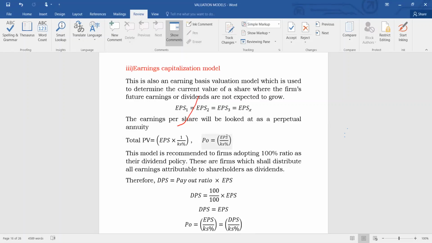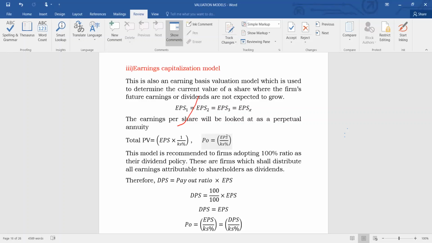This firm is expected to provide the same return every year in perpetuity. You don't expect a higher return, and therefore there is no justification of the firm retaining earnings for investment purposes. Such dividends should be given to you so that you can invest on your own to generate a higher return.